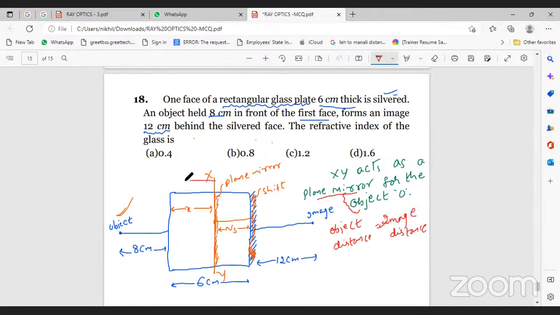For the plane mirror, what is the object distance? 8 plus x. Look at the diagram. 8 plus x equals what is the image distance? NS plus 12. Don't tell in terms of NS. NS can be taken as 6 minus x. So 6 minus x plus 12.